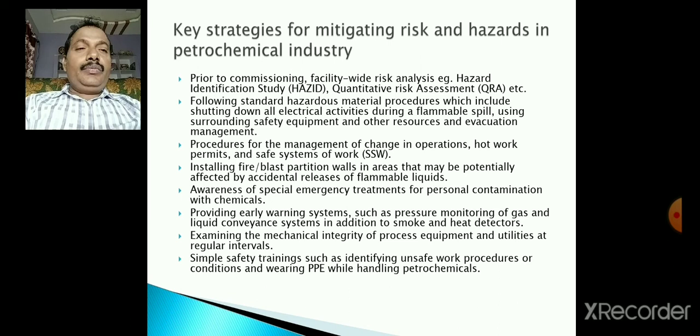That is, we have to get the QRA report and hazard identification report, and regularly check the compliance of these reports with the physical equipment. Continuously we have to check and follow the standard procedures so that no such dangerous, life-threatening situations occur.